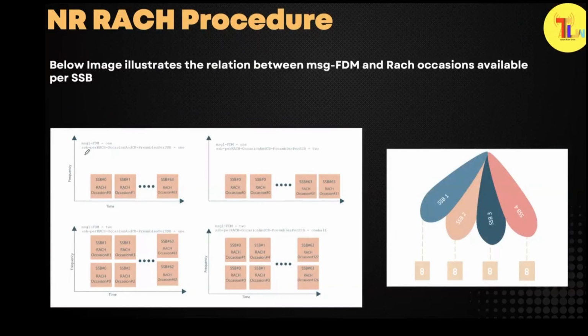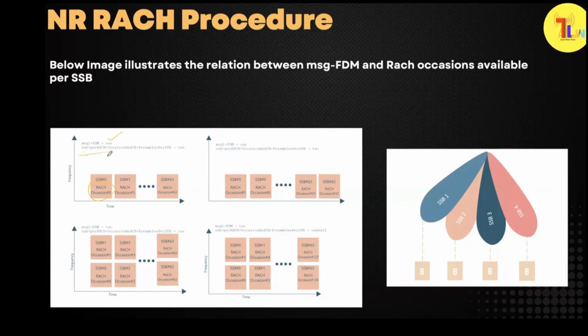And I have this parameter also, SSB per RACH occasion. If you see over here, this is your frequency, this is your time. SSB 0 is coming, RACH occasion 0 is happening. This is the example when message 1 FDM is 1 and SSB per RACH occasion is 1.